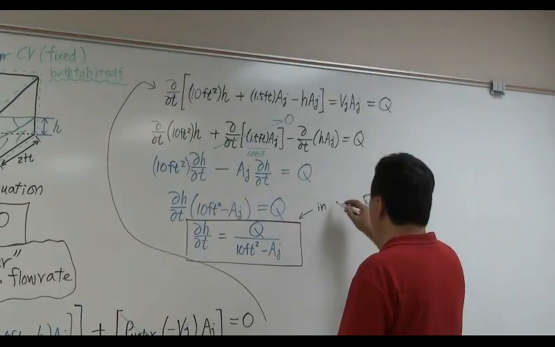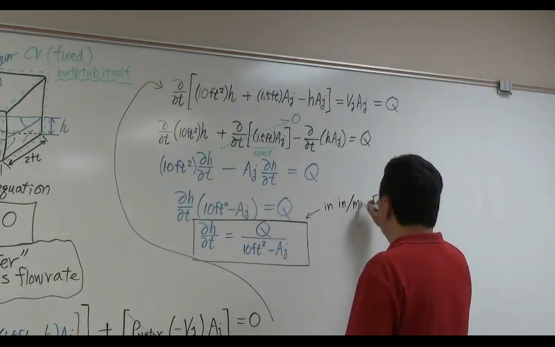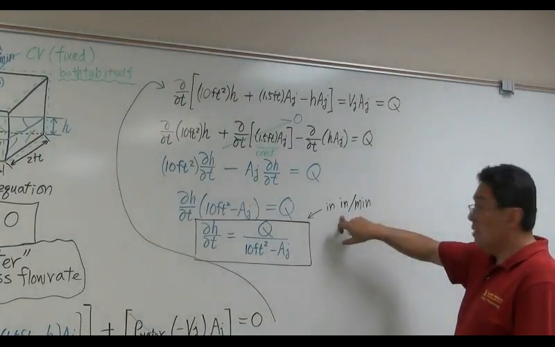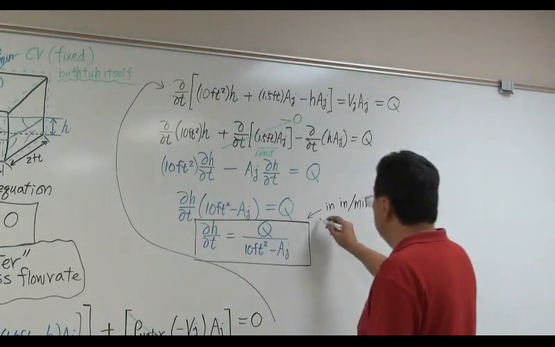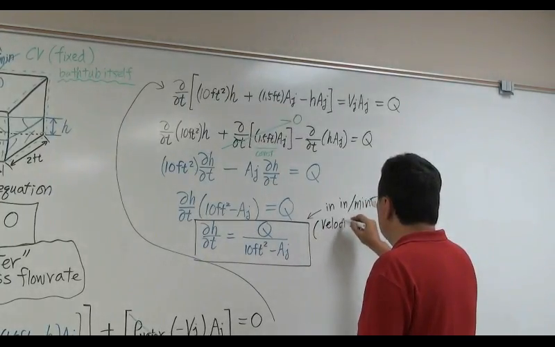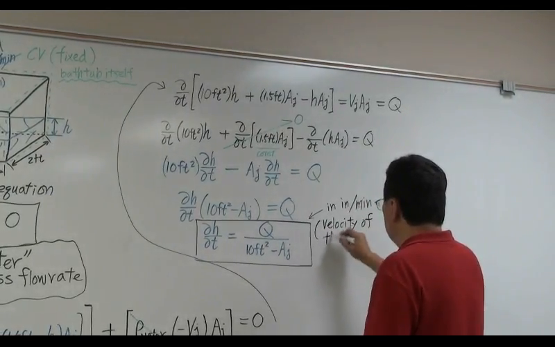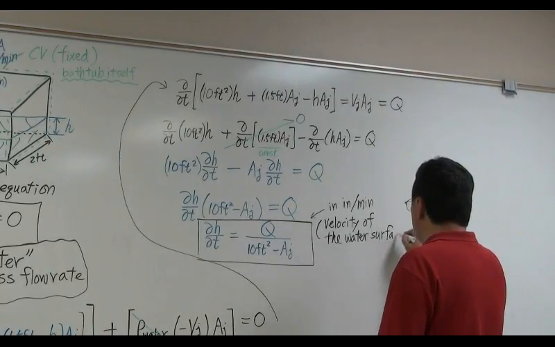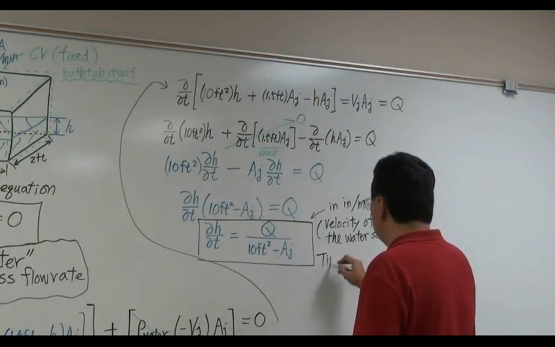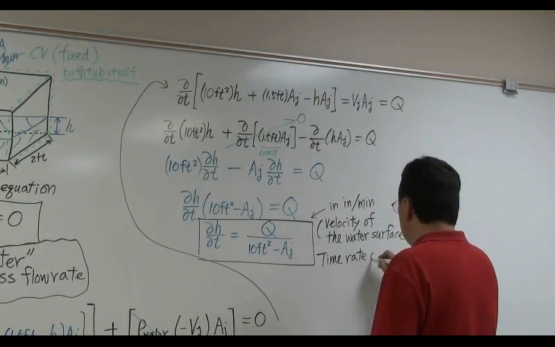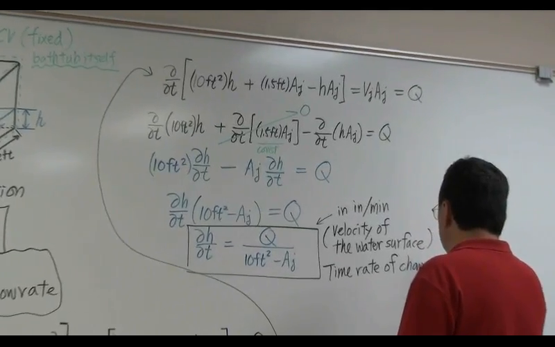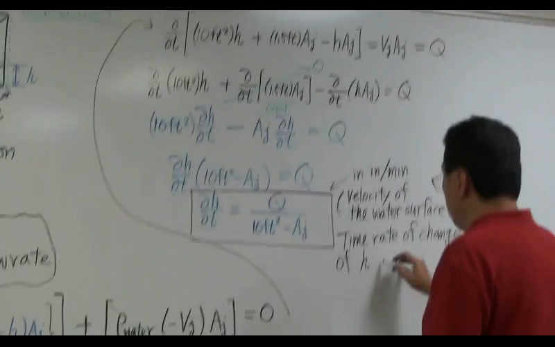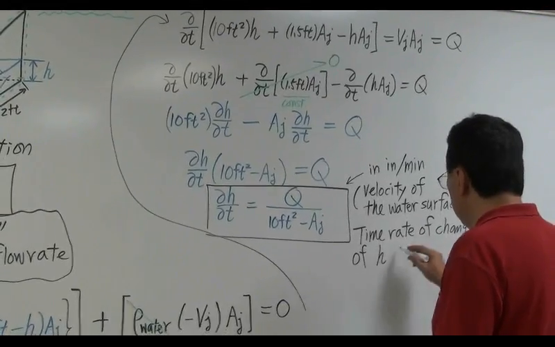If you plug in the values, you're going to get inches per minute. So how many inches of water depth increase can you observe every minute? This is essentially the velocity of the water surface, or the time rate of change of H, the water depth.